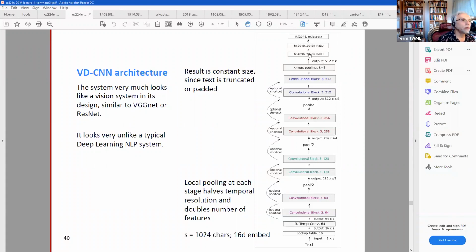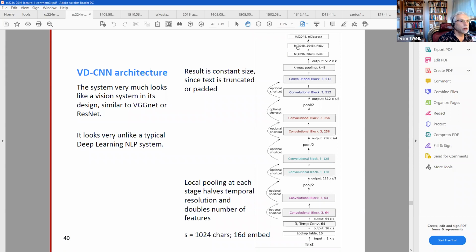And then you have these fully connected layers. Actually, 8 times 512 is 4096. So the input to this fully connected layer is 4096, and the output is 2048, followed by a ReLU.